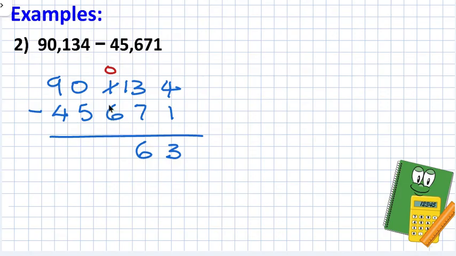Moving to the third column, we have 0 minus 6. Of course, you know, we cannot subtract 6 from 0. So we need to borrow. But if you look at the next number we're borrowing from, you notice that the next number is also 0. It doesn't have anything. So in this case, we can't borrow from the next number. So we'll move to the other number, which is 9. We'll borrow 1 from 9, it becomes 8.